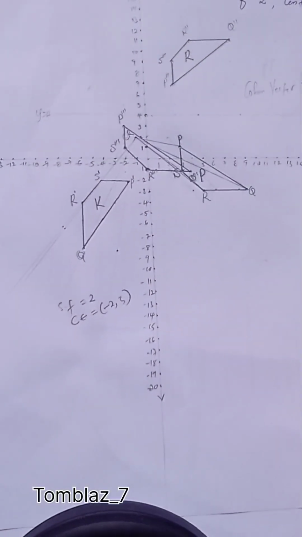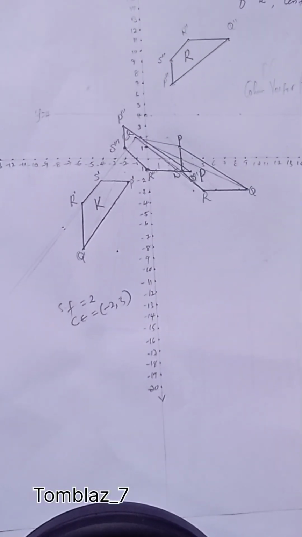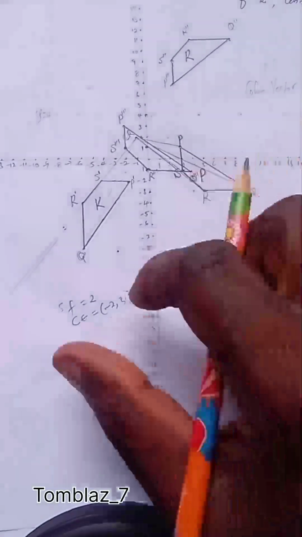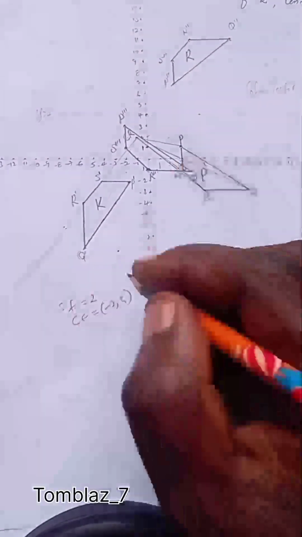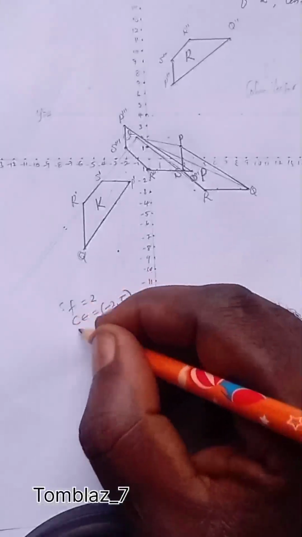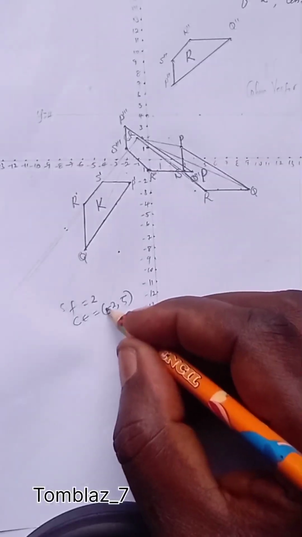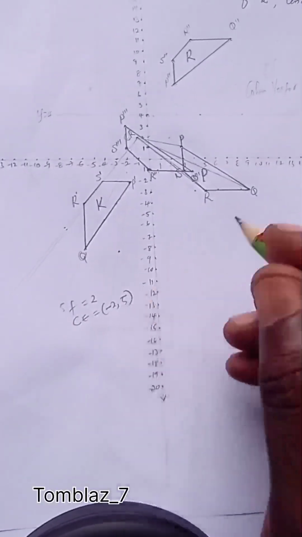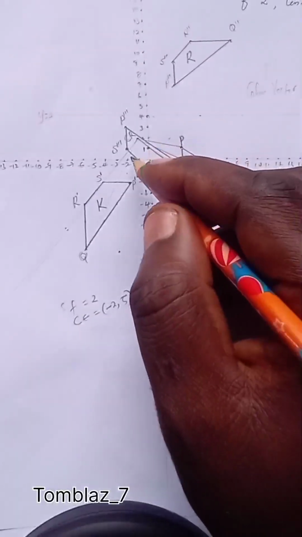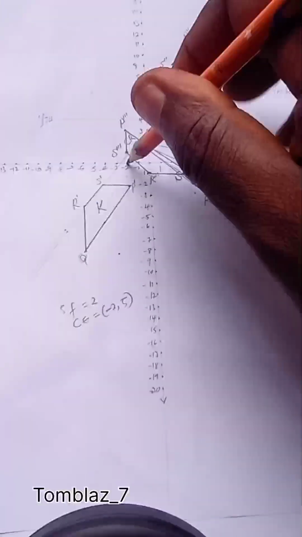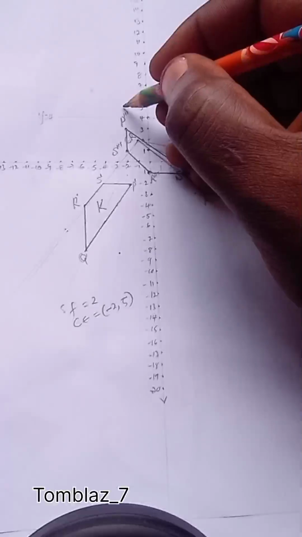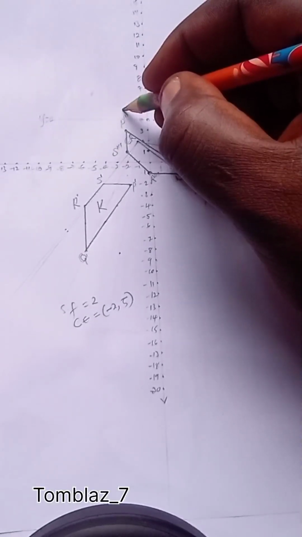Okay, so since these two values are given, we will now observe P and carry out this enlargement on it, right? But then, what is our center of enlargement? Let's trace it. Our center of enlargement is minus 2 and 5. Minus 2 is x, which is this point, and then plus 5 is this point, which is y.